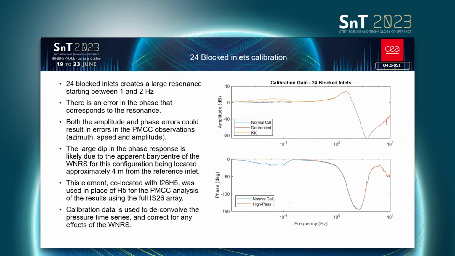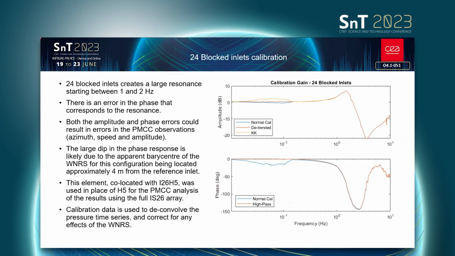So for the 24 blocked inlet case, we can see on the right here's a plot of the gain, so basically the calibration response of that system under test with 24 blocked inlets. Normally we would expect the response to be relatively flat up until at least 4 hertz. But we can see because we block these inlets, now we're getting a resonance between 1 and 2 hertz.